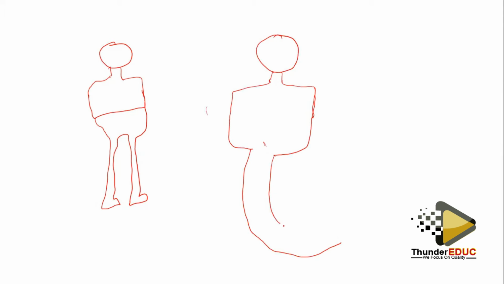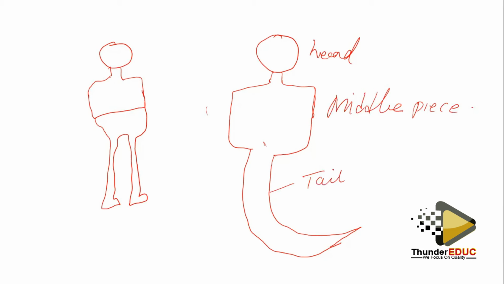So if we call this a head, this I'll call the middle piece. Then I'll call this the tail, sometimes flagellum. So this is the middle piece, this is the head. Don't you see that it resembles a human?